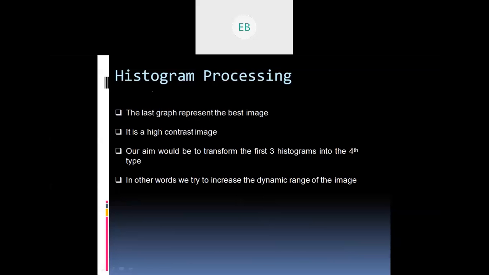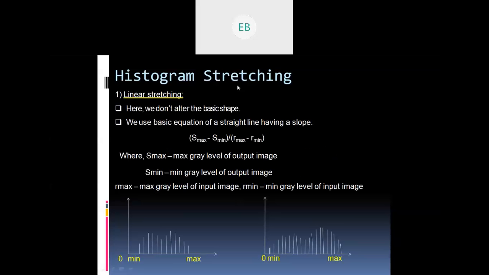The second method can also be described with the help of histogram stretching. In histogram stretching we talk about linear stretching. What do we understand by linear stretching? Suppose we are given two graphs here, this is the input and this is the output.